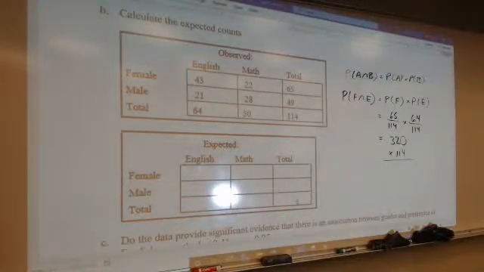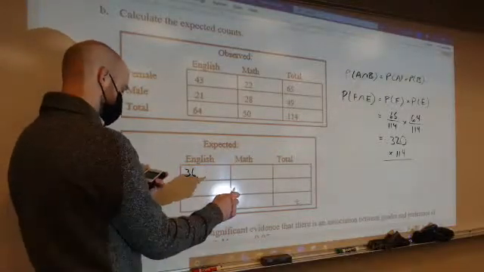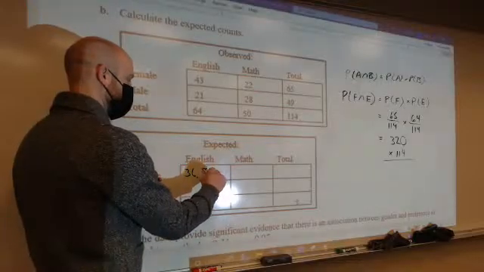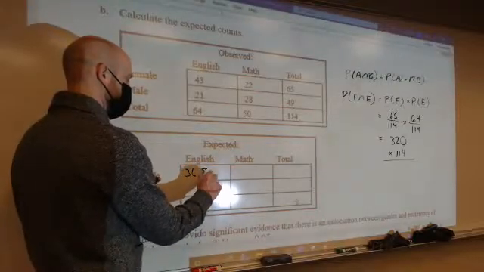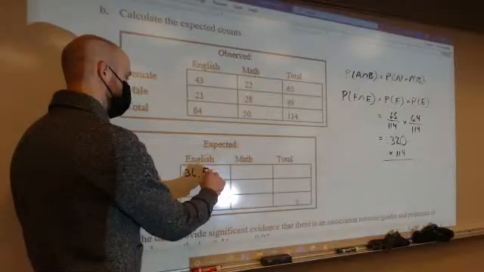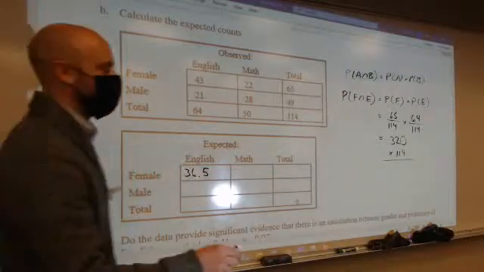So 32% of 114, and we end up with 36.4. I'm going to do one decimal place, 36.5. Because the more decimal places the better, but the calculation's kind of intense. So one decimal place will do. So 36.5.